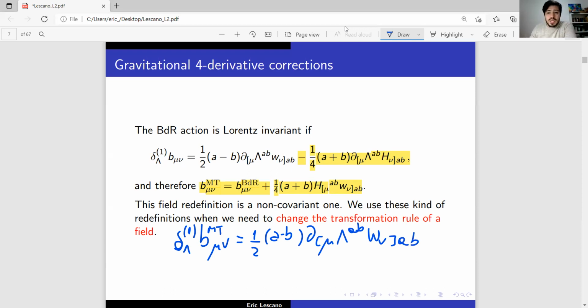This is the transformation for the Metsaev-Tseytlin B field, and this is the field redefinition that we need in order to make this term over here appear. So we use this kind of field redefinition when we need to change the transformation rule of a field. It's not always possible, but sometimes we can change our transformation rules using these non-covariant field redefinitions.